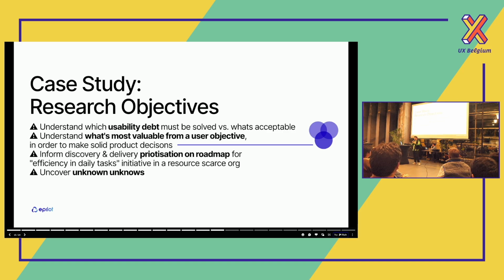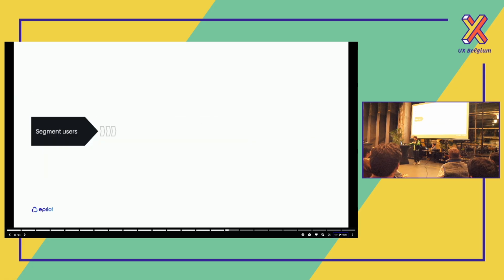In the end we also wanted to discover unknown unknowns in that focus area. So what are the things that we don't know that we don't know? Getting to the ground of that. We start with the user, right? Quelle surprise, segmenting users.